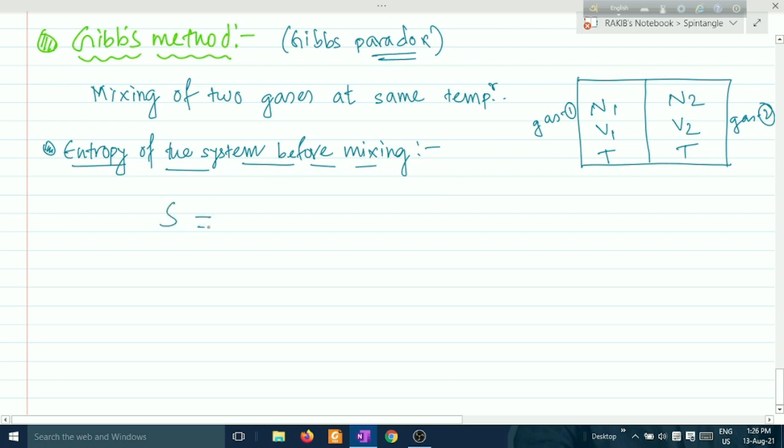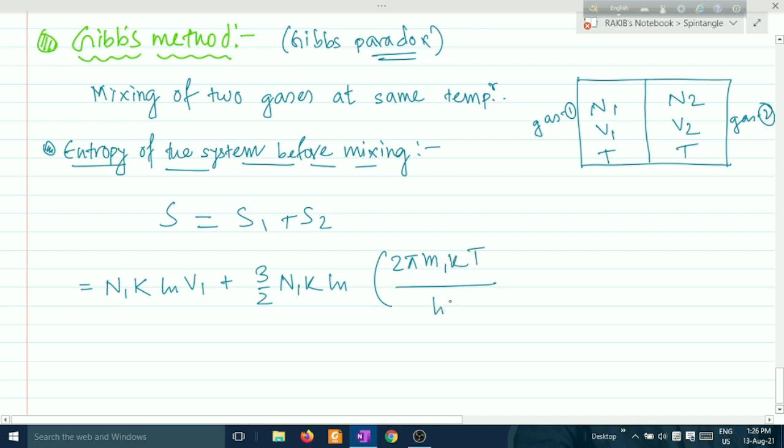Entropy will be the entropy of gas 1 and the entropy of gas 2. Therefore the entropy of gas 1 will be what? From the formula of entropy that we have obtained here, n1k ln v1 plus 3 upon 2 n1k ln 2 pi m1 kT by h square plus 3 by 2 n1k. Okay, this is the entropy of the first gas.